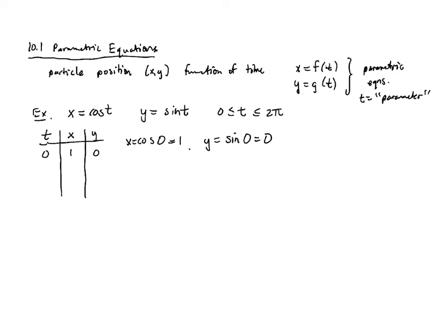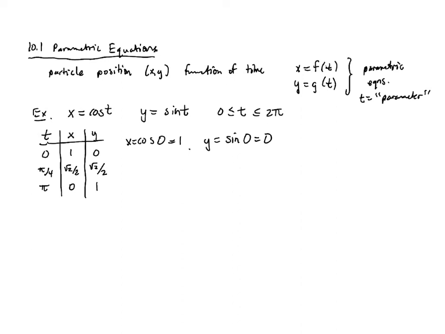When t equals something like pi over 4, cosine of that is root 2 over 2, and sine of that is root 2 over 2. Plug in pi over 2, and we get the point 0 comma 1, and so on.